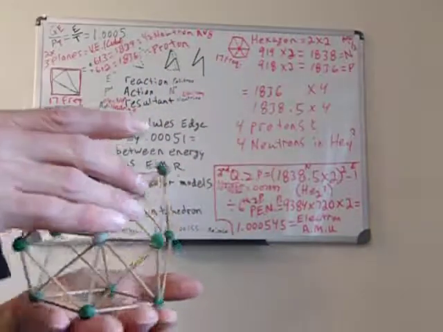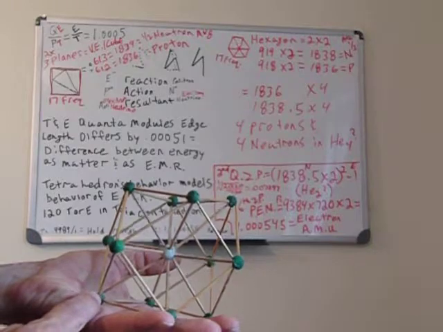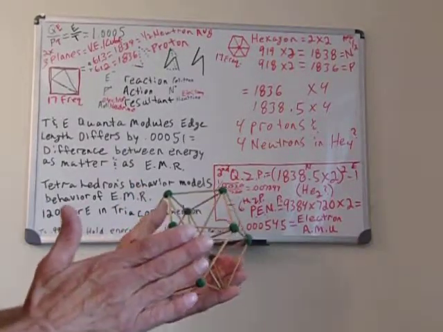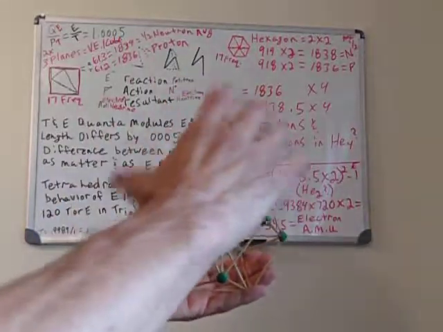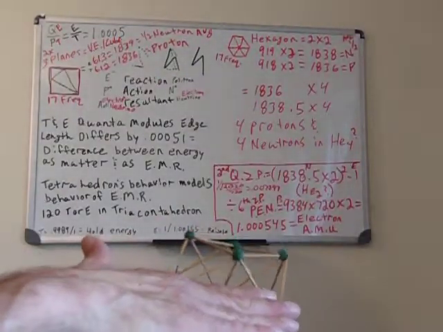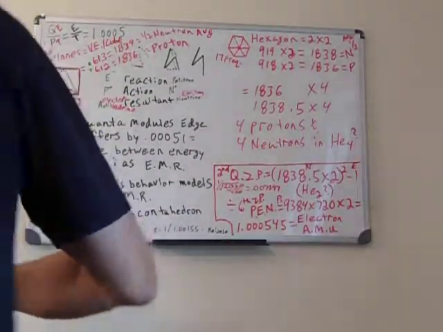You've got squares on the inside and squares on the outside. You have triangles and you have hexagons. The hexagon running through the center and the square running through the center are running on different planes or different angles.